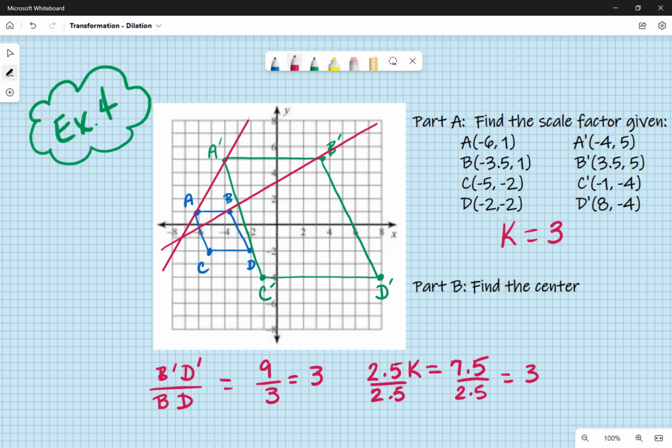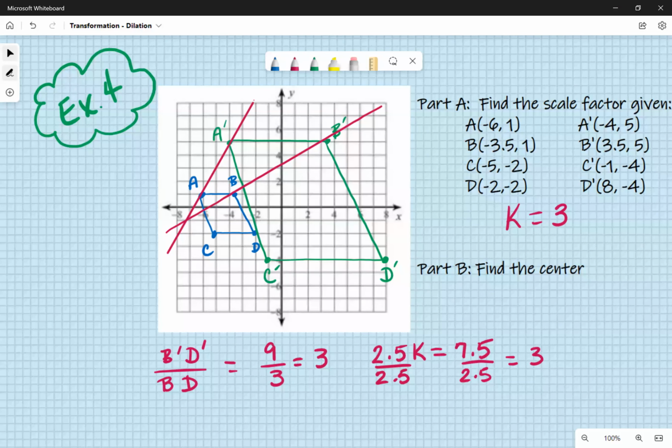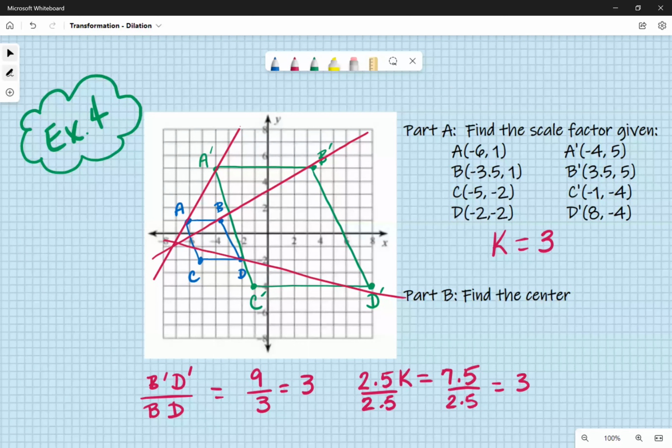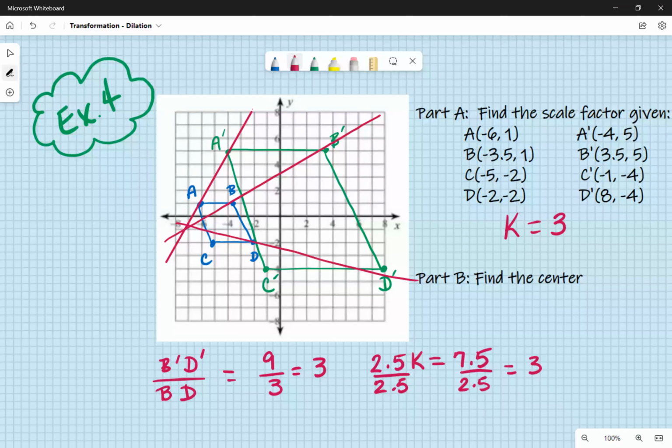Okay, then I have my D. Hold on, I got the shaky hands over here. Okay, that's not perfect, but you kind of see where it's trying to go. And then let me try that again.